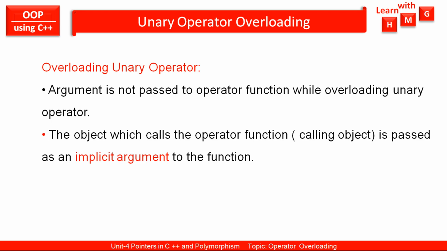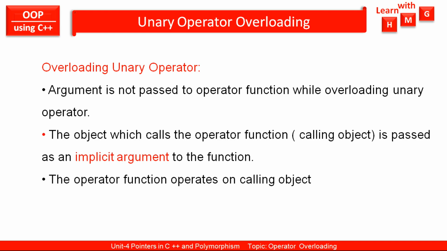Now, the operator function we have defined is a member of the class, and that member function will be called by the object. That object is called the calling object, and that calling object gets passed implicitly to that particular operator function. Like this, the calling object which calls the operator function is passed as an implicit argument to that operator function.